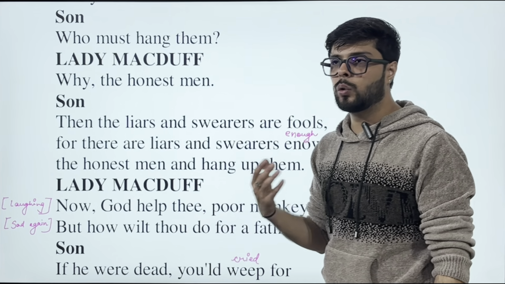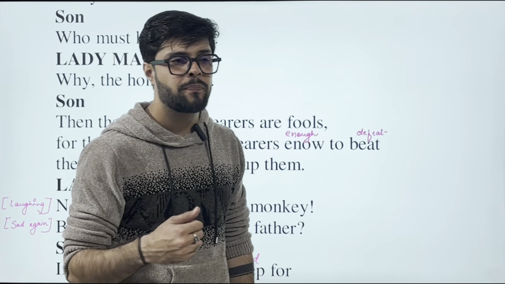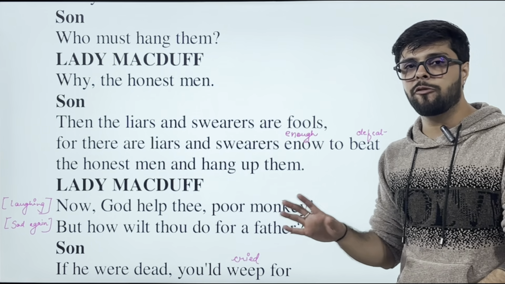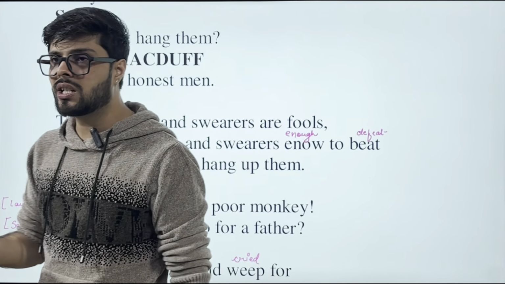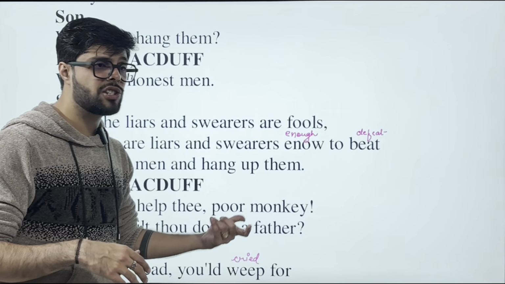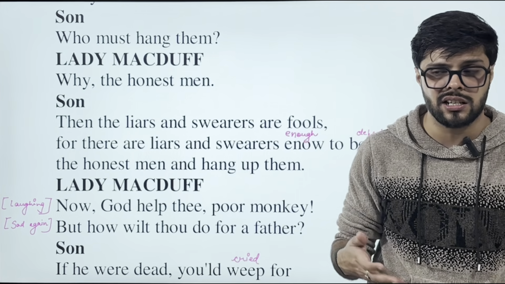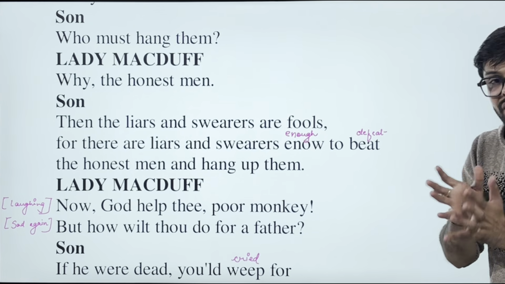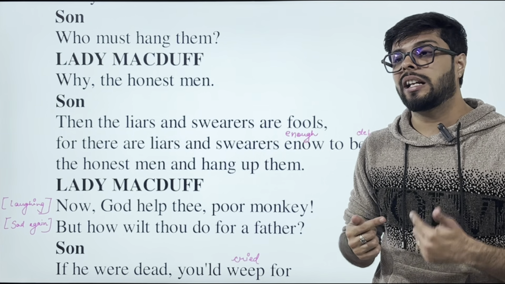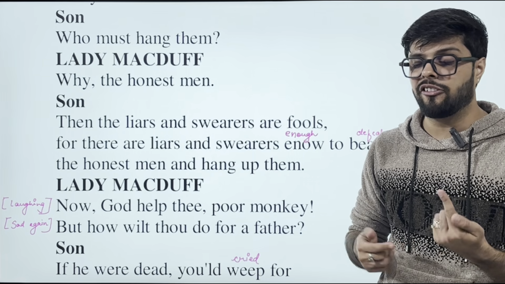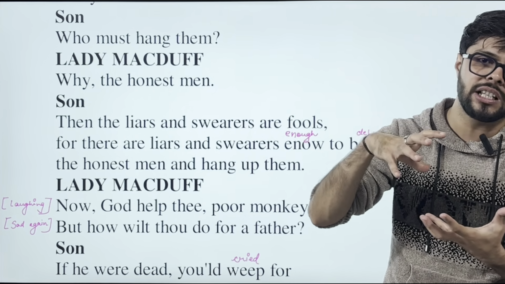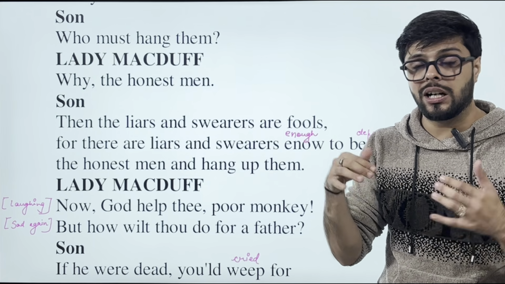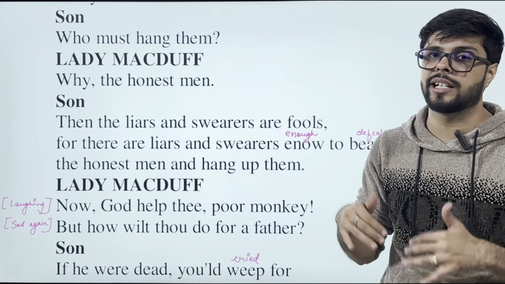In other words, those people who are lying and swearing are fools, because there are enough liars, enough traitorous people. In this world, this little child is giving a reality check, spilling the beans about the current world, which echoes even in the modern contemporary world: even if one person is honest, there are so many liars in the world that they will force that person to drown his or her hands in corruption.